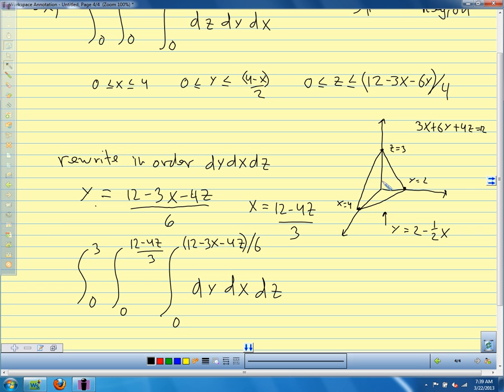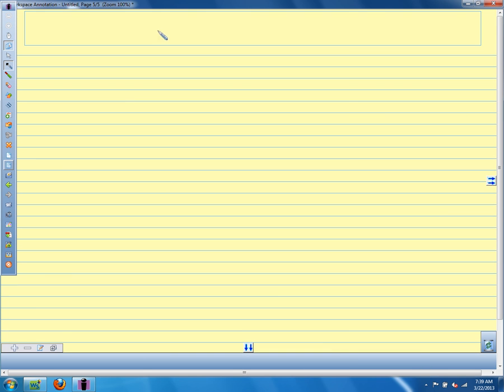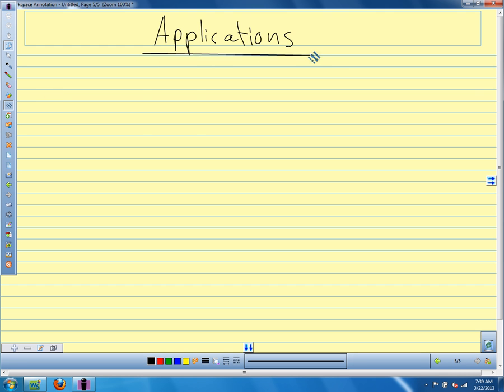So a couple of applications of triple integrals. Because now we're dealing with solids, we can talk about centers of mass and moments of inertia of solids, rather than a planar lamina.